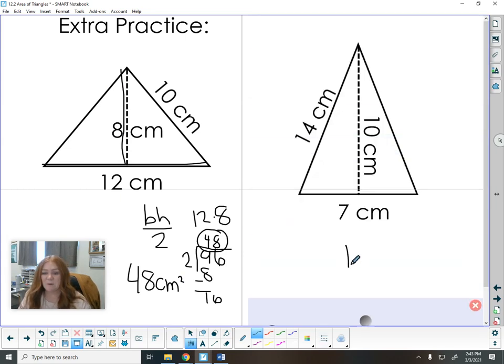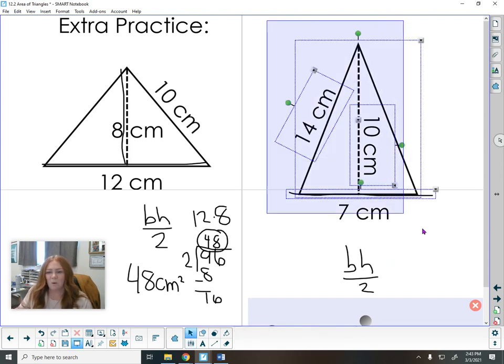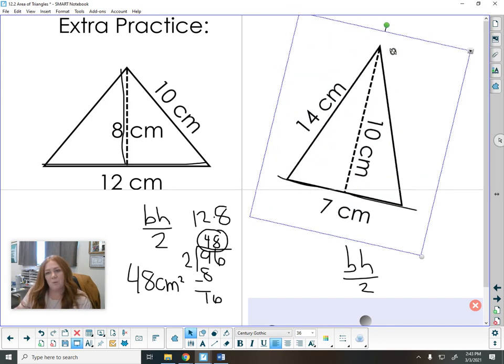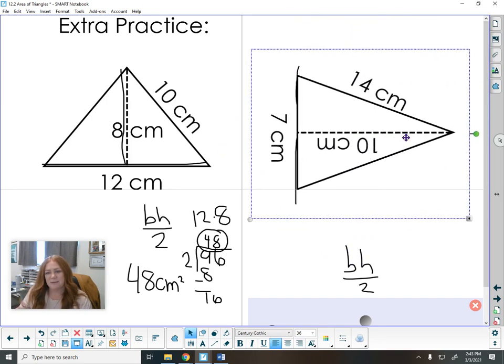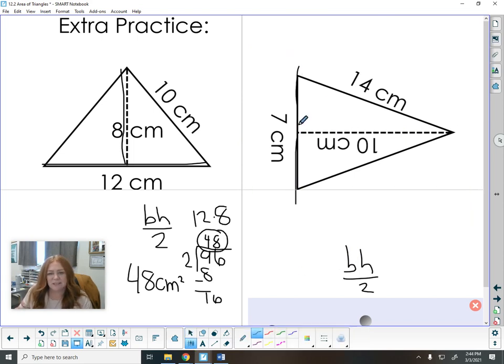Okay, let's try this one. So base times height divided by 2. Our base is what it sits on. So the base is 7. And the right angle comes from the base. So even if this whole problem was tipped sideways, the right angle comes from the base. So here's our base because here's our right angle.